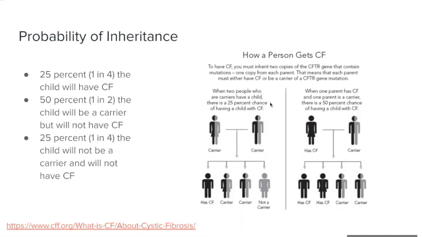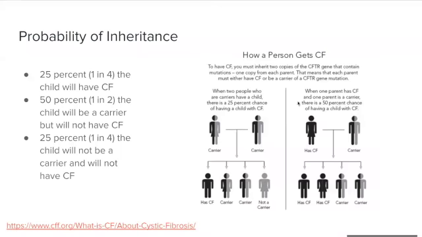Here's just a little representation of that. So both parents are carriers, so 1 in 4 kids will have cystic fibrosis, and then 2 in 4 will have the gene but no symptoms of cystic fibrosis, and then 1 out of the 4 will be no carrier and no disease at all.